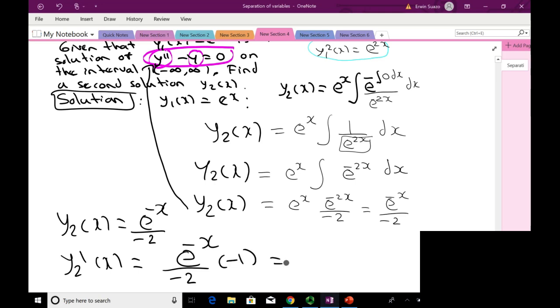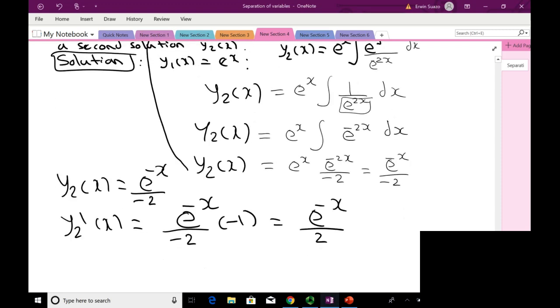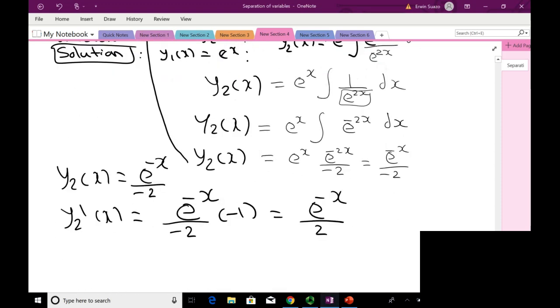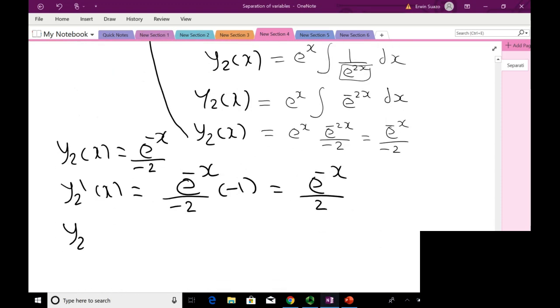That gives me e to the minus x divided by 2. But I need the second derivative, right? So the second derivative will give me minus e to the minus x divided by 2. Yeah?